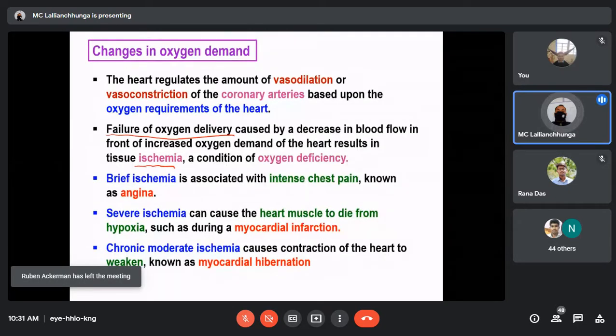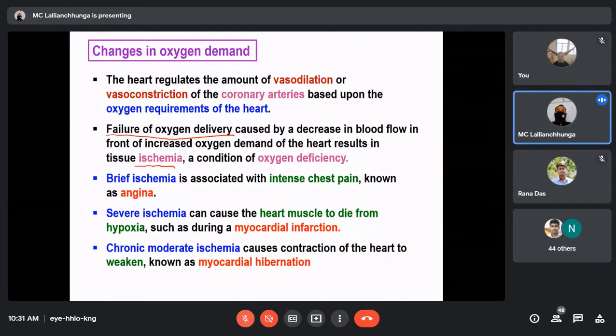When there is moderate deficiency in oxygen supply to the heart muscle, it leads to weakening of contraction of the heart, which means low cardiac output. That means a sufficient amount of blood will not be delivered to the peripheral tissue, and this is known as myocardial hibernation.